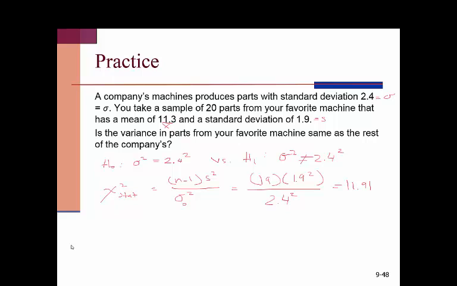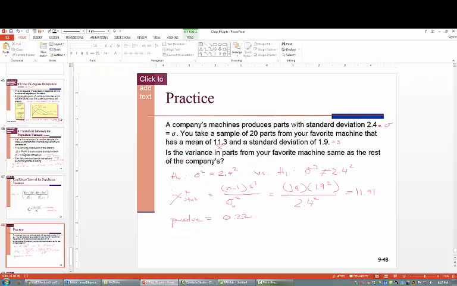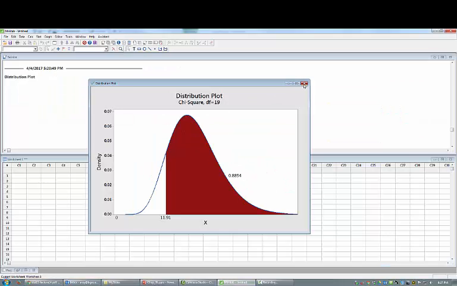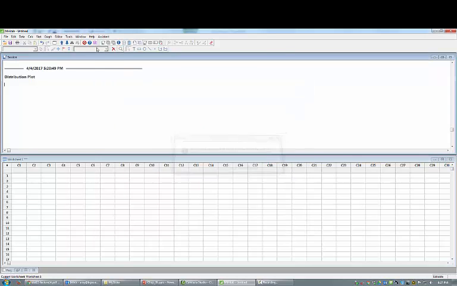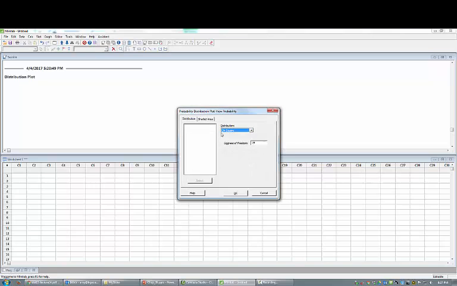So the p-value equals 0.22 because it's two-sided. If it had been one-sided, then you would pick the side that you are dealing with.